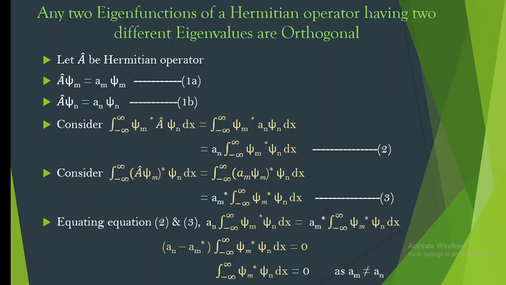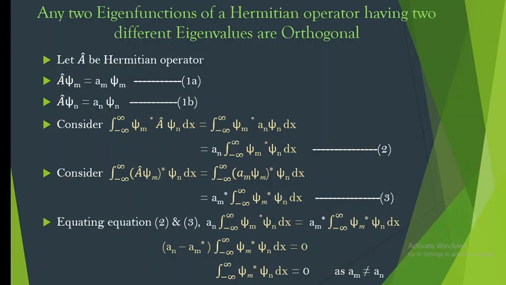So an is not equal to am. That's why, for the condition to hold, the second term, which is the integration from minus infinity to plus infinity of ξm star into ξn dx, should be equal to 0. And this is nothing but the theorem which states that the two eigenfunctions are orthogonal. This is the orthogonality condition.